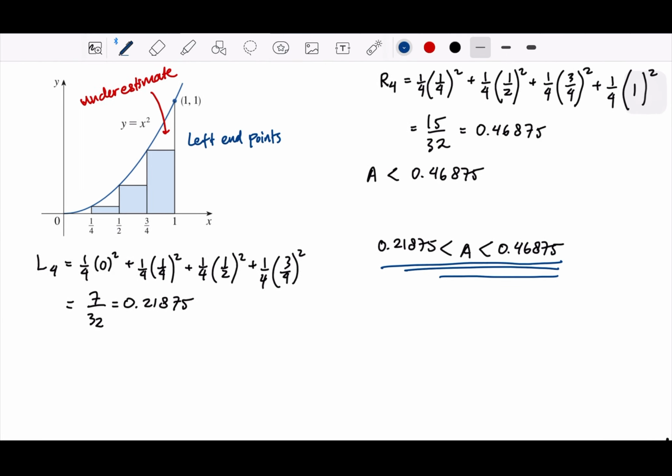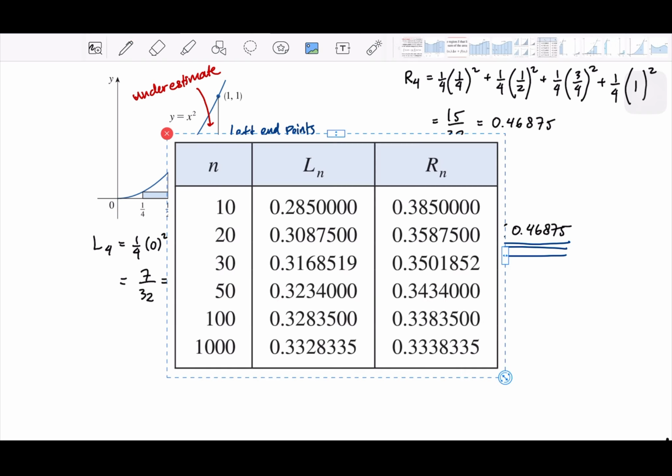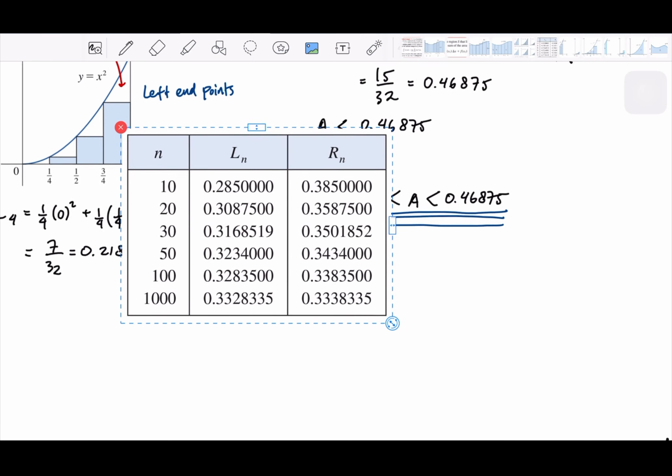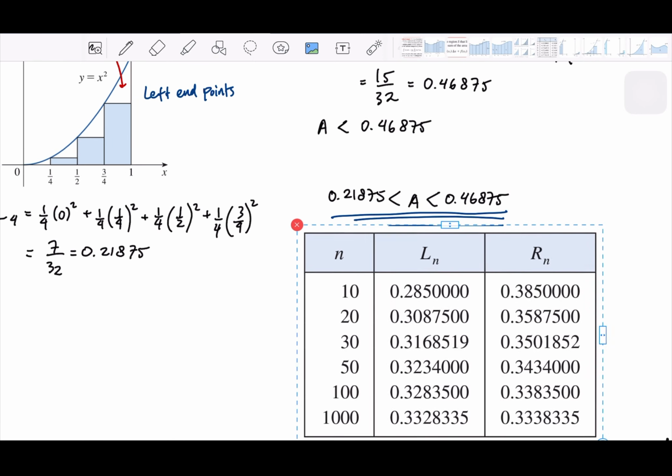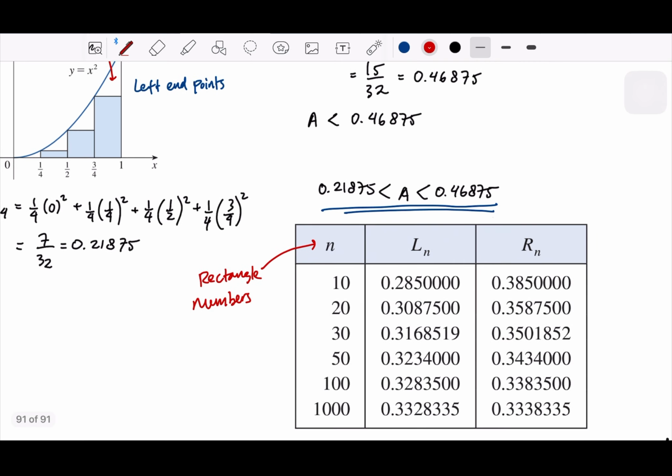Let me give you a table for some computations. When we have more rectangles, n is the number of rectangles, so you can see some differences. No need to write all this, but just to see what we have from 10, 20, and then increasing to at least 1,000.